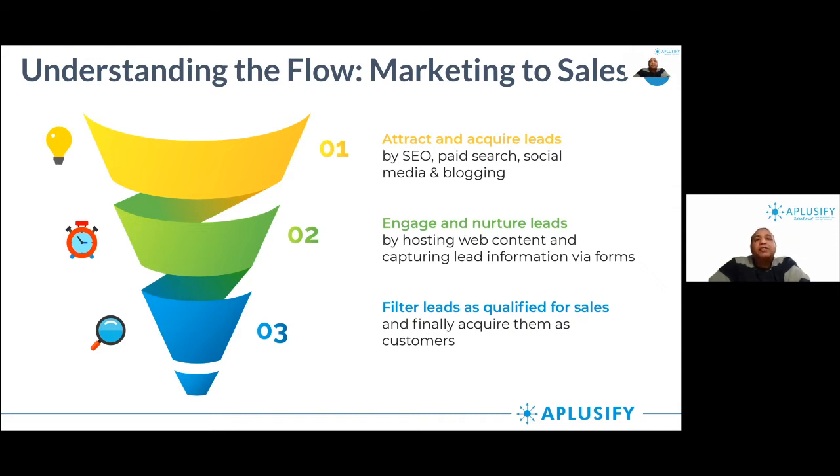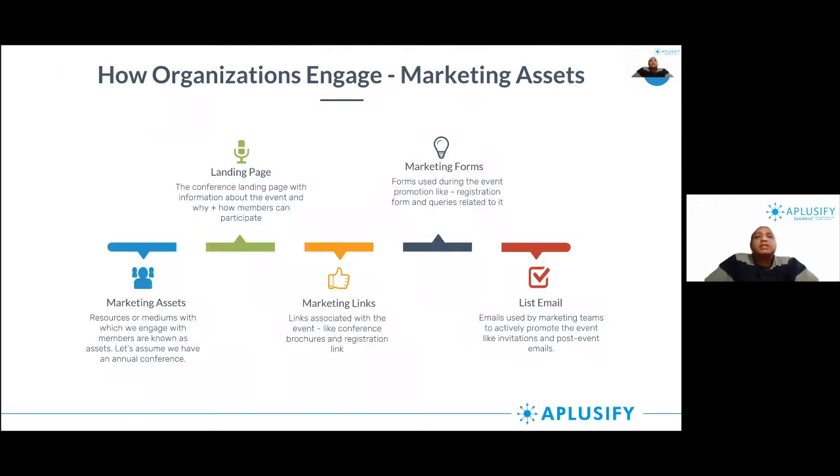And that will help us in understanding the engagement history better. Now all these tools that the marketing team uses, whether it's a white paper or contact us page or a landing page, everything that is there is called a marketing asset, right? There are different tools that the marketing team uses to acquire leads.